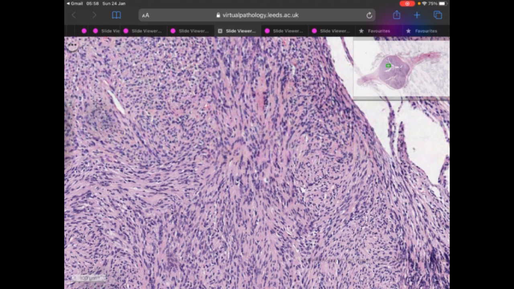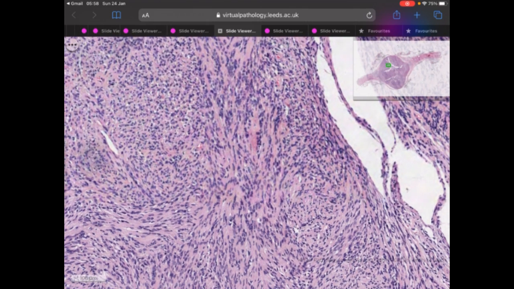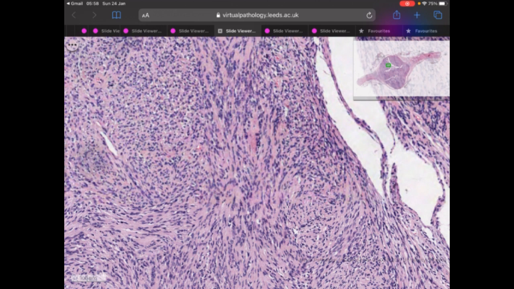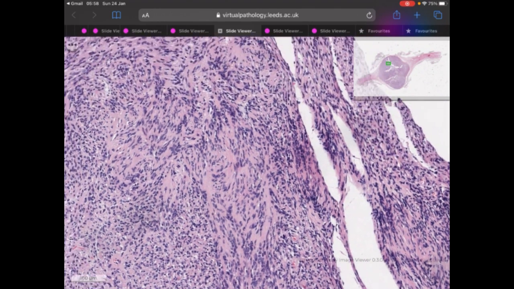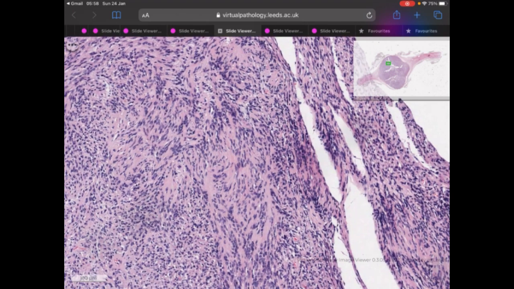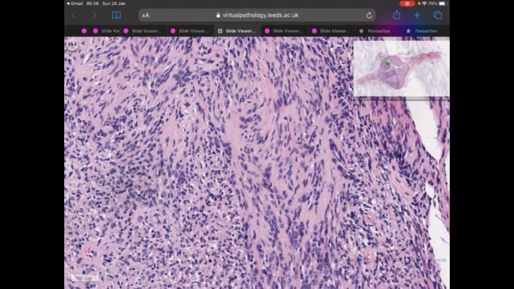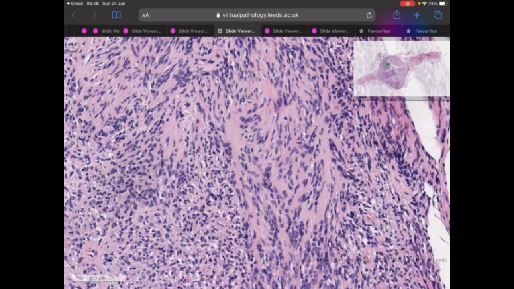We need to find Verocay bodies in the cellular Antoni A area, and the cells exhibit oval to elongated shapes with eosinophilic cytoplasm. We can appreciate the background eosinophilic cytoplasm, and over here is another, with many Verocay bodies at the center.